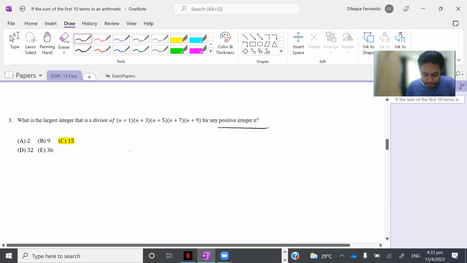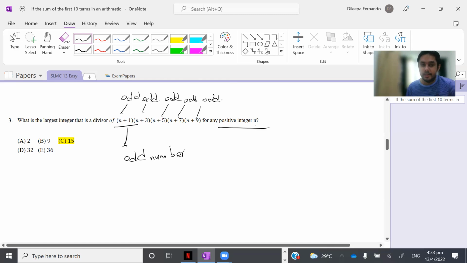Suppose n plus 1 is an odd number. When n plus 1 is an odd number, you can see all others are odd numbers. All others are odd.